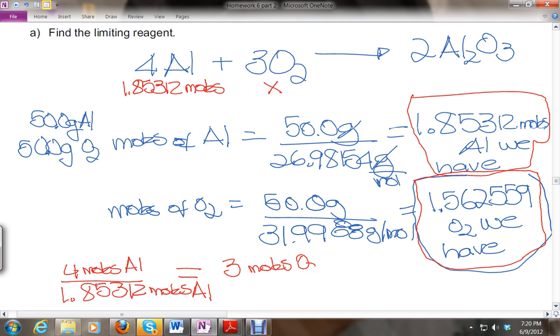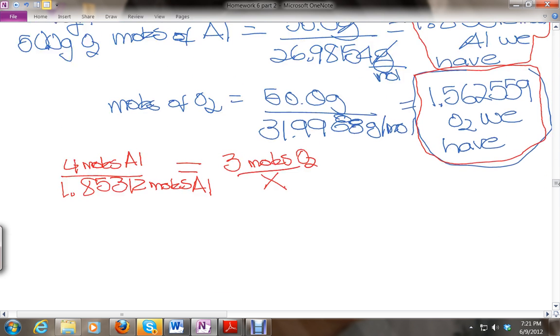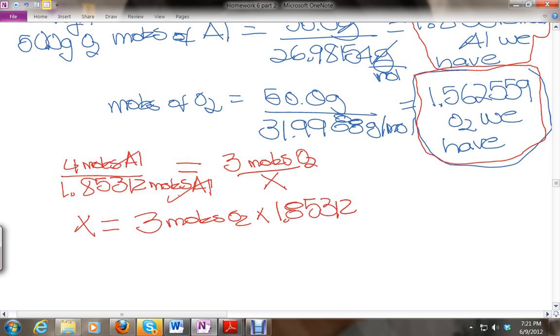Let's find out how much is going to react with the amount of aluminum we have. So it's going to be 3 times 1.85312 divided by 4, which is equal to 1.13894.